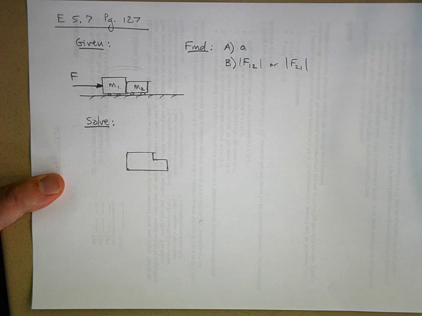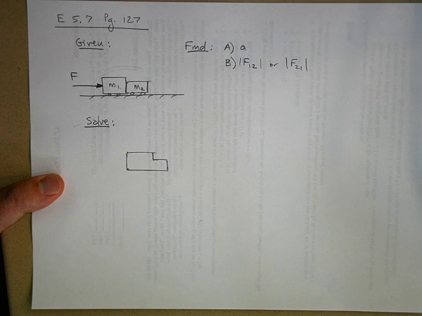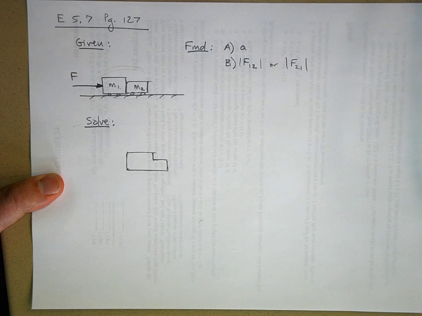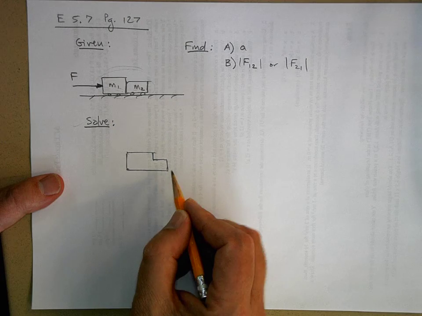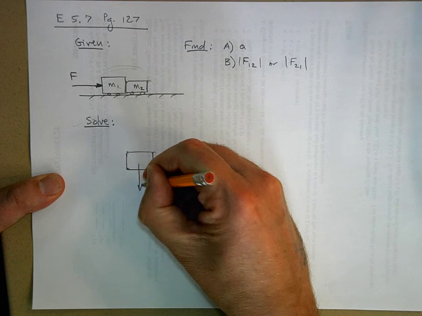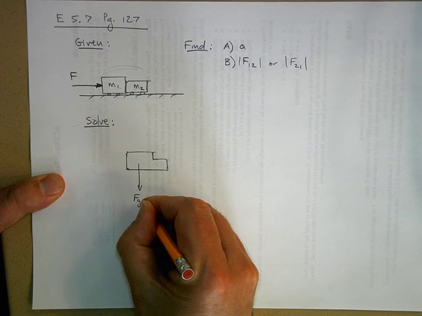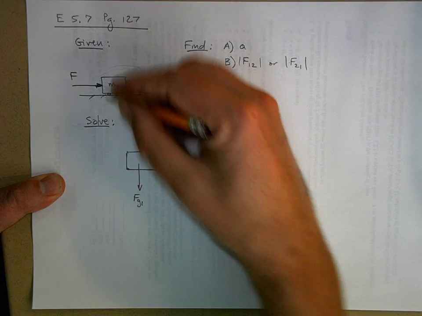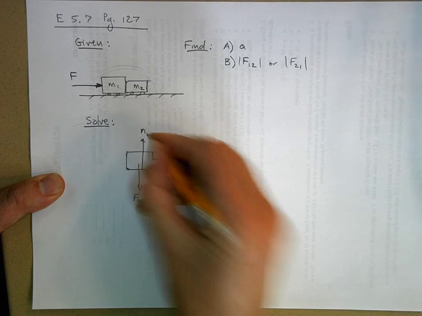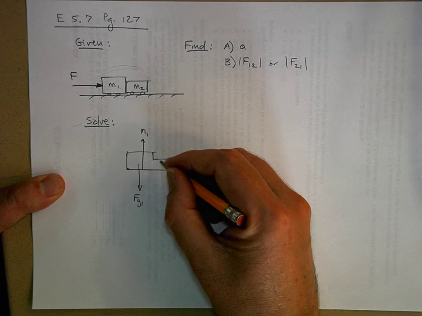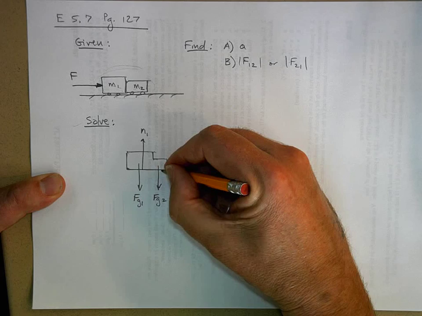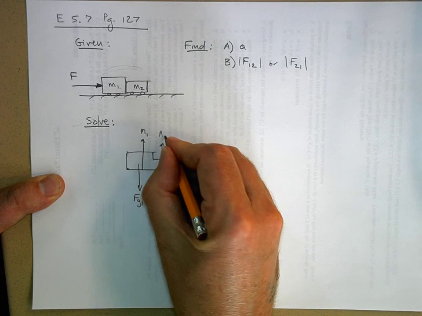Now I'm going to follow the procedure here. So what is the procedure? Well, the first thing you do is given, find, and solve with a picture, which is what I did. Step 2, draw the free body diagram. Now if I combine this, I'm going to have a force of gravity due to 1, and then this is going to have a normal force canceling it, and then we have object 2 here, force of gravity on object 2, and then we have a normal force on object 2.